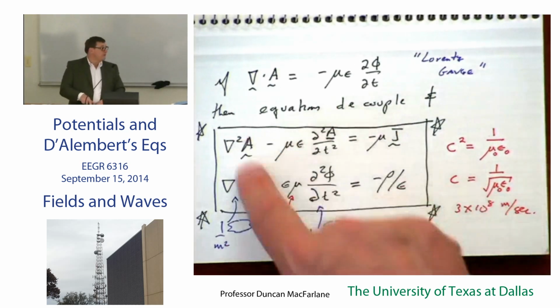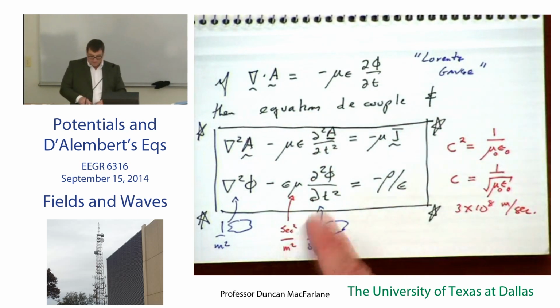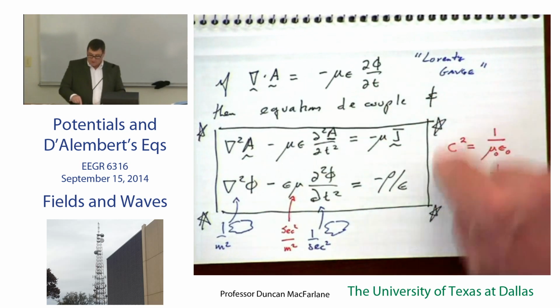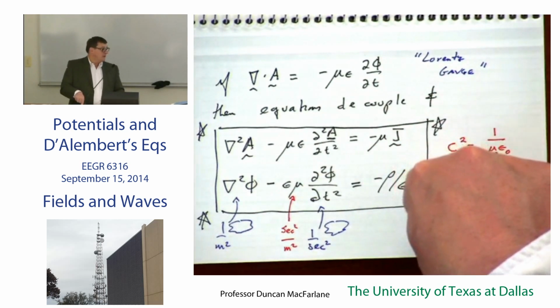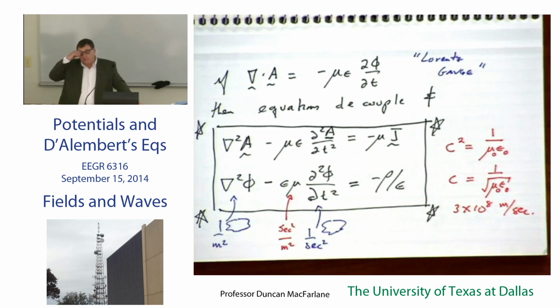So these equations are perfectly valid for either in a material or not. If I happen to take in free space, then I will plug in mu naught and epsilon naught, and I get exactly c. If I keep it as mu and epsilon, I'll get a slightly different velocity. Okay. So 3 times 10 to the 8 meters per second, something that I find much more intuitive to think about, is a foot a nanosecond.